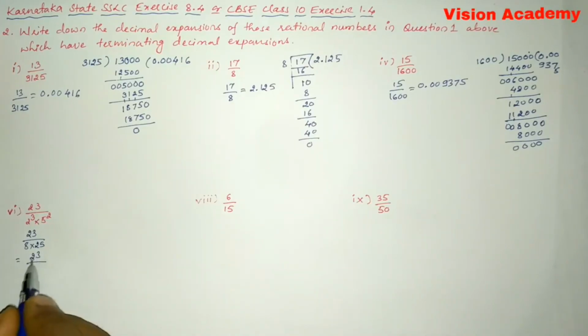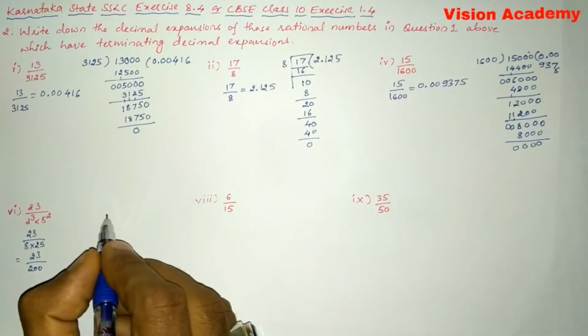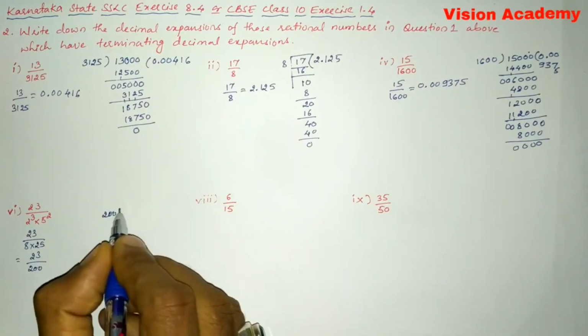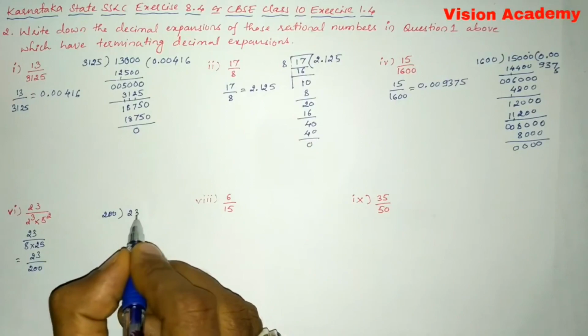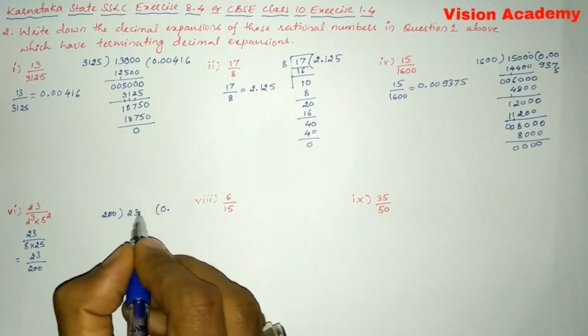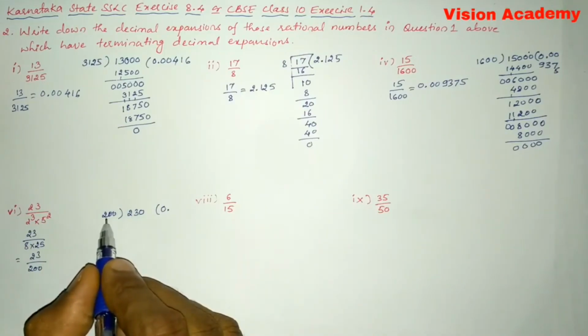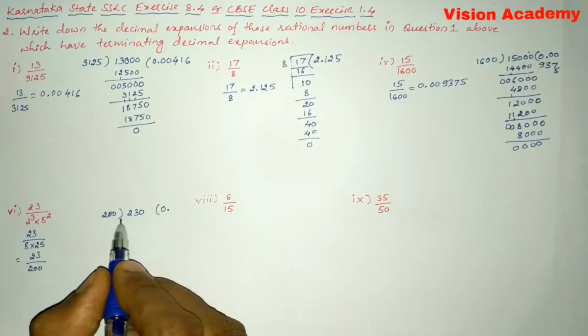So 23 divided by 25 8s are 200. Now let us divide 23 by 200. Here we will write 200 and divide this 23. Here let us take 0 point, because 23 is less than 200, hence it cannot be divided by 200.